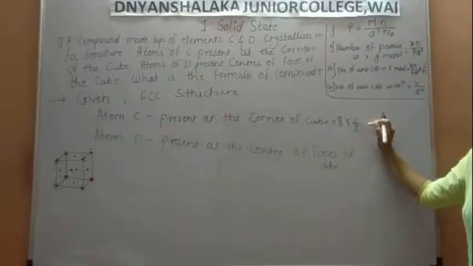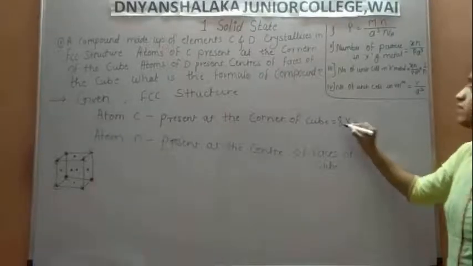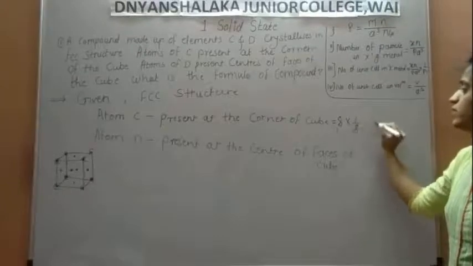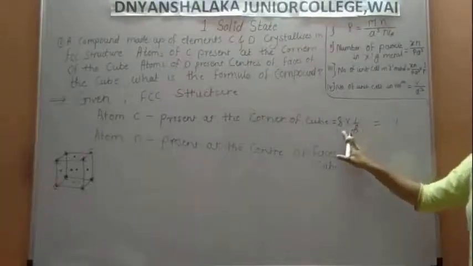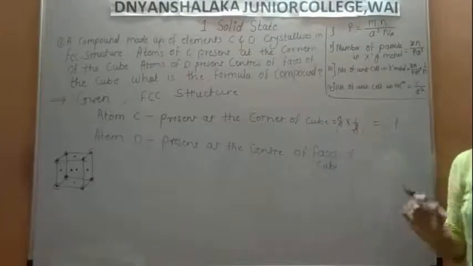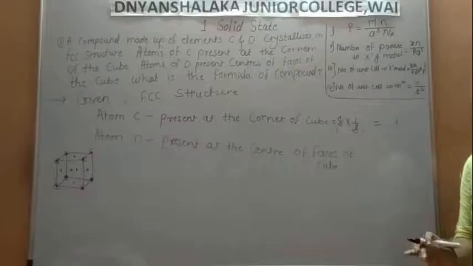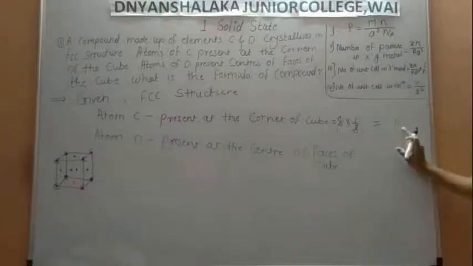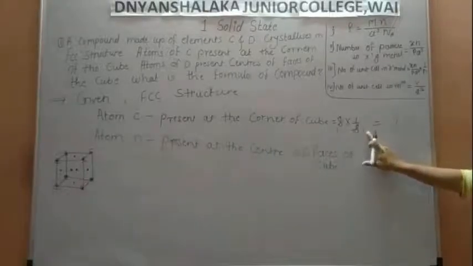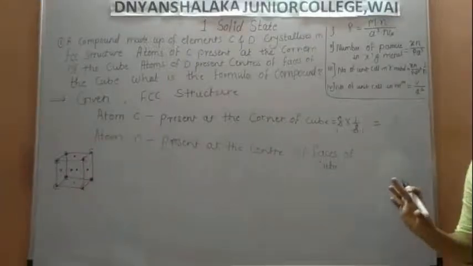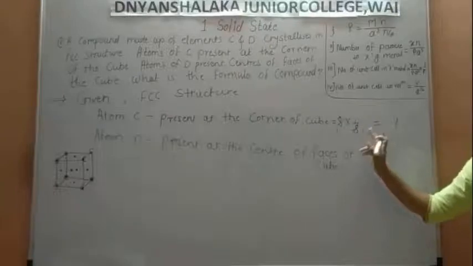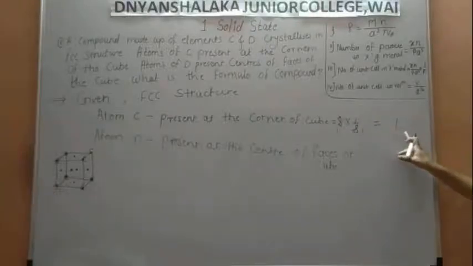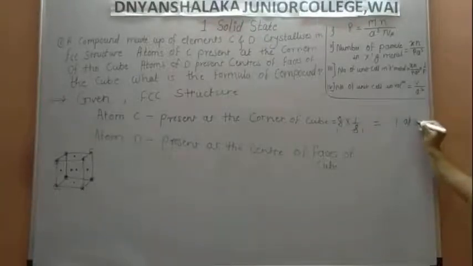So atom C present at the corner of the cube: 8 atoms at the corners, each contributing 1 by 8. So 8 into 1 by 8, the 8 and 8 cancel each other, and we get only one atom.